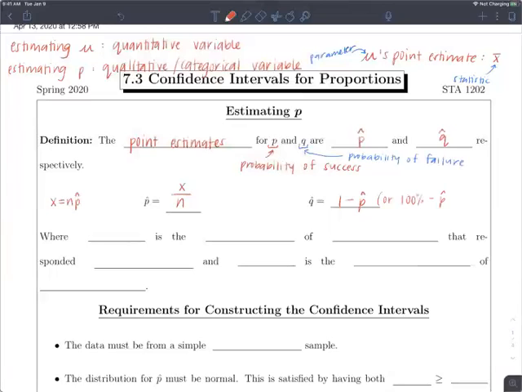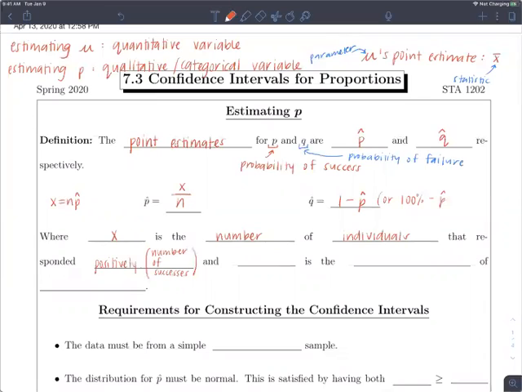And remember that X is the number of individuals that responded positively, or really what we had used, rather than the word positively, it was the number of successes, if you remember that back from chapter 5 in stats 1201.